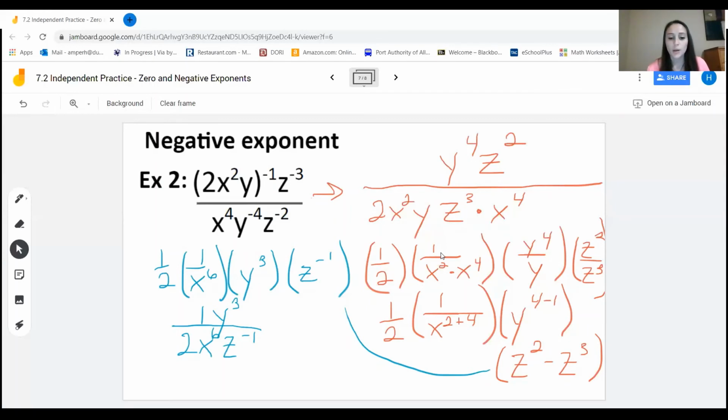Sorry, not z to the negative 1, z to the positive 1. Because we flipped it. So whenever you flip it, you can get rid of the negative. So that's 1y cubed divided by 2x to the 6th z. All right, because anything with an exponent of positive 1, usually you don't even include that exponent, okay?